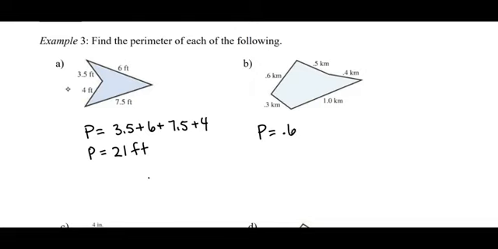So I have 0.6 plus 0.5 plus 0.4 plus 1 plus 0.3. Okay, so I have 2.8. Perimeter equals 2.8, and that was measured in kilometers.